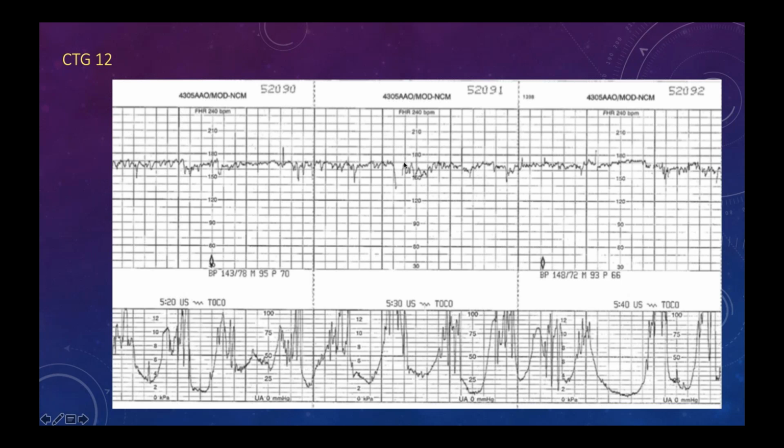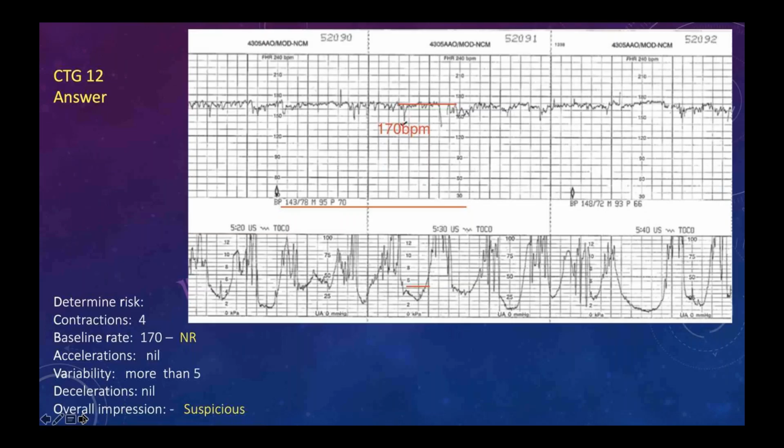The variability is more than 5 throughout. There are no accelerations. There are no decelerations. So overall, this is a CTG for 30 minutes. It has one non-reassuring feature, so this is a suspicious CTG.